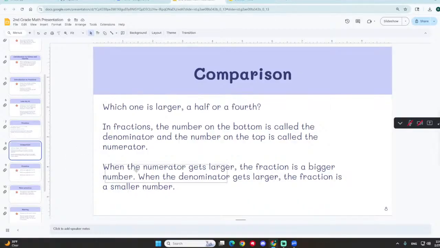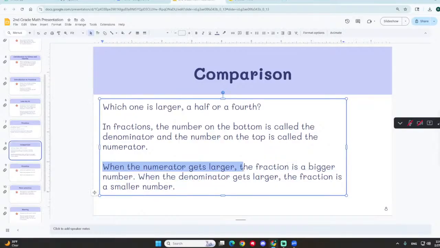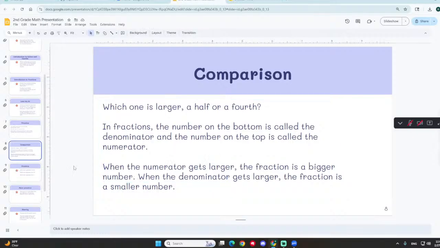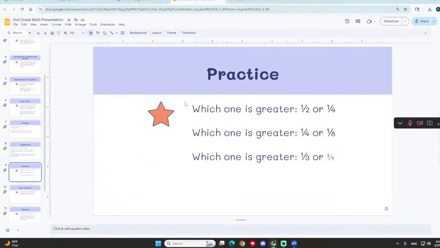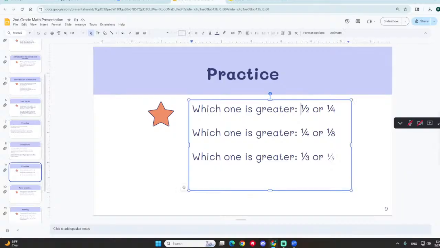We'll learn more about these numerators later on, so don't get too confused. Don't worry about these numerators. Today we're just doing 1/2 versus 1/4. I just wanted to include this, but don't worry about these numerators, okay? Let's do some practice. For all of these ones, we're going to have the same numerator, okay? So which one is greater, 1/2 or 1/4? Do all 3 of these problems, and then we'll go over them.